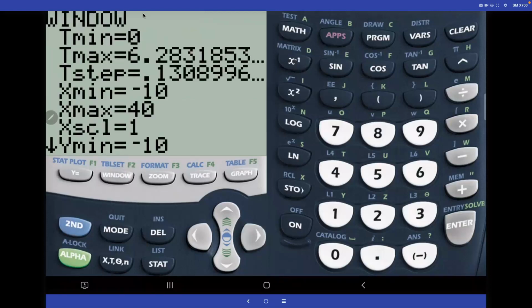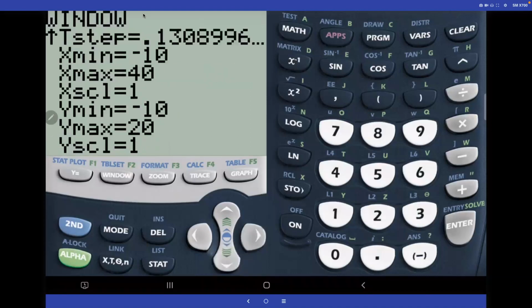Notice under window, now it's giving us a Tmin and Tmax that we didn't have before. So remember, ours was going from -2 to 3. You don't have to worry about the T step. That's basically how often it's plotting points.